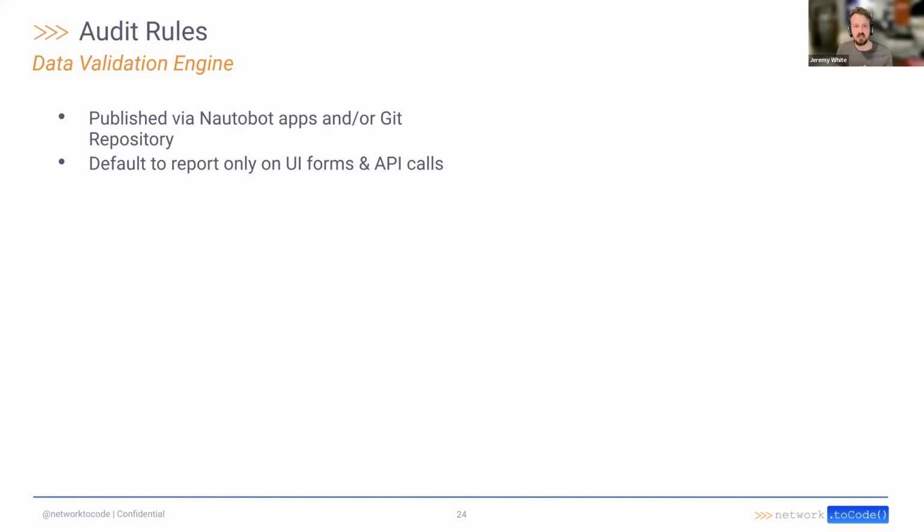By default, anything that is a UI form, a traditional Django form, is always going to call the clean method. Any API call is always going to call the clean method. But as we look at Nautobot jobs and work directly with the ORM, do always keep in mind that we want to use the validated save method to ensure that we're still able to enforce those validations and attributes on our objects stored inside Nautobot.